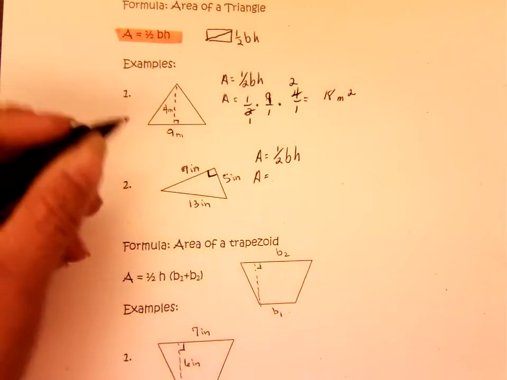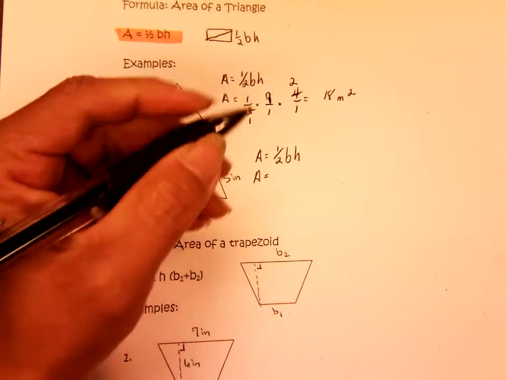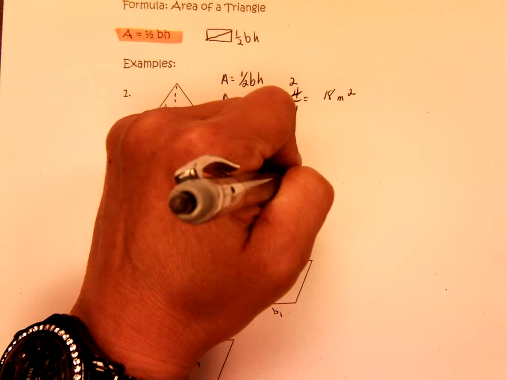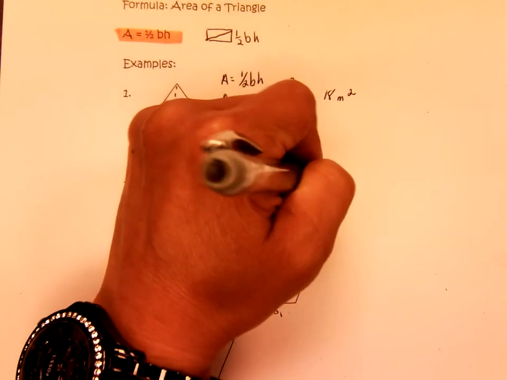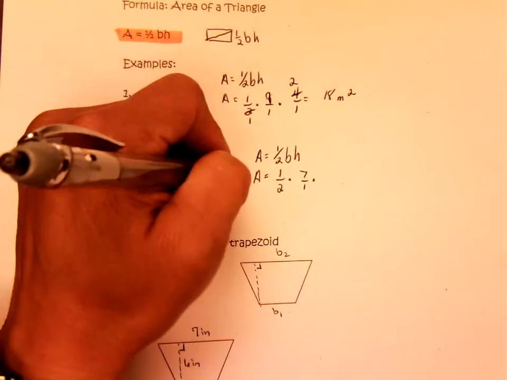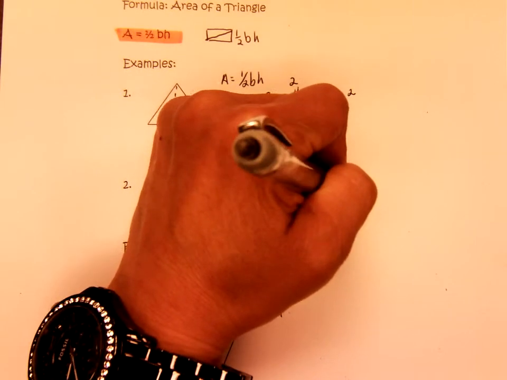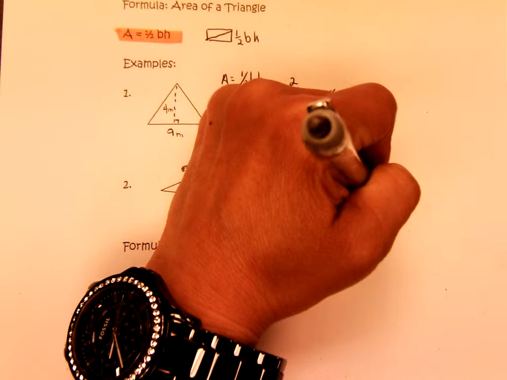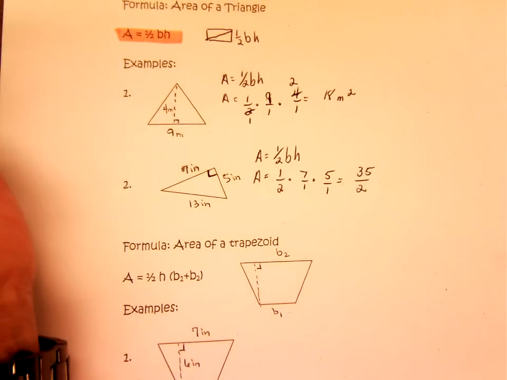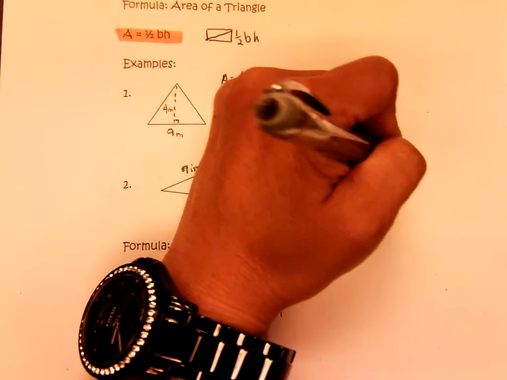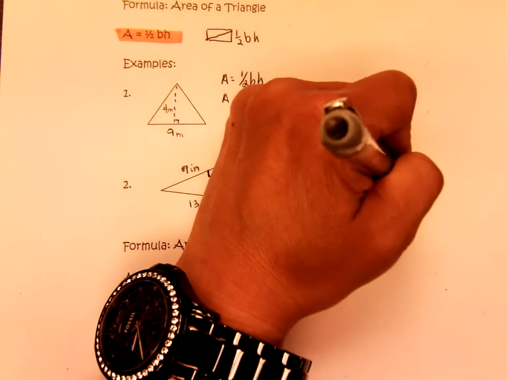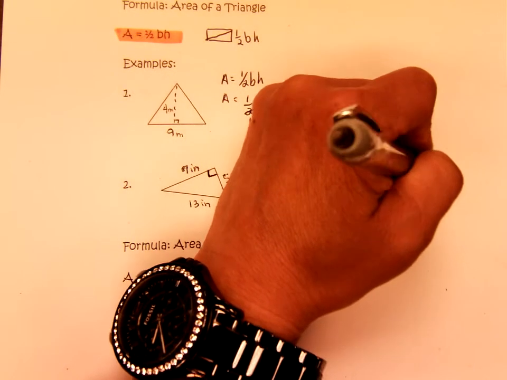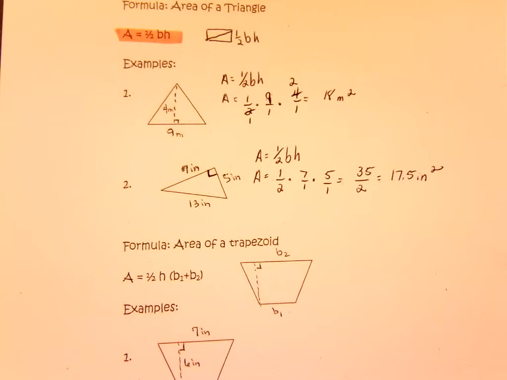Remember you look for the right angle: 1/2 times 7 over 1 times 5 over 1. Multiply across, you get 35 over 2. Then you divide that by 2, and you get the answer of 17.5 inches squared.